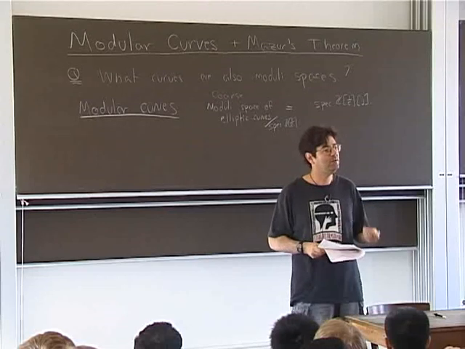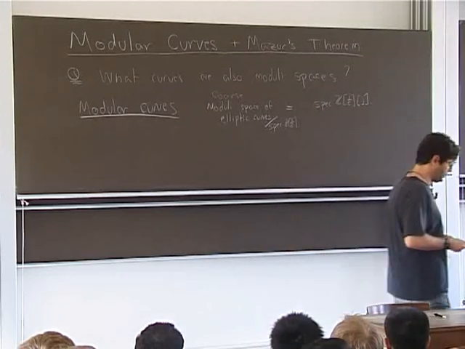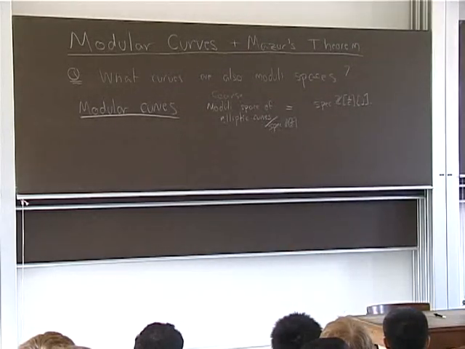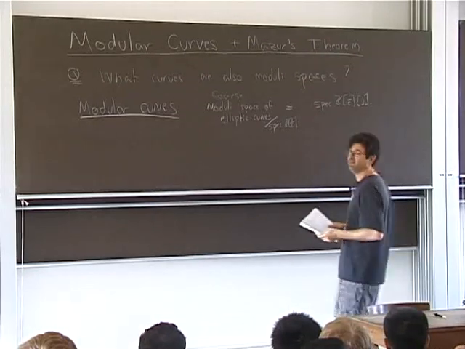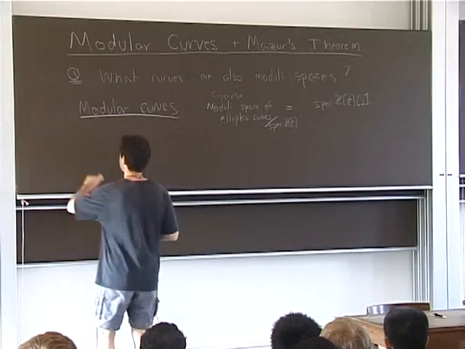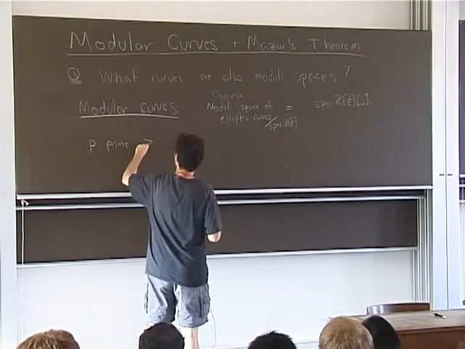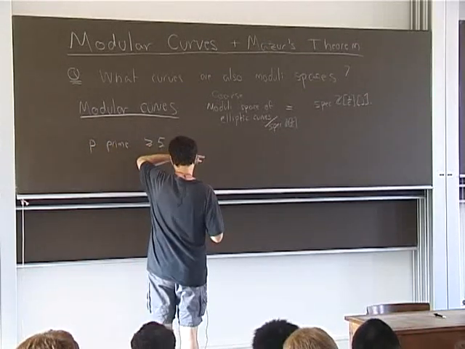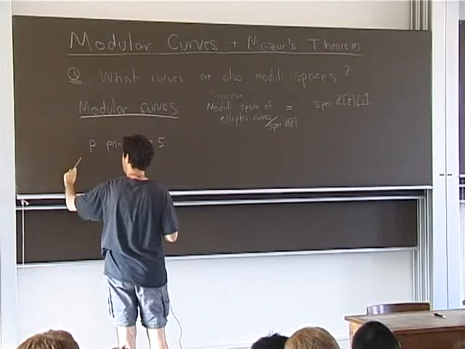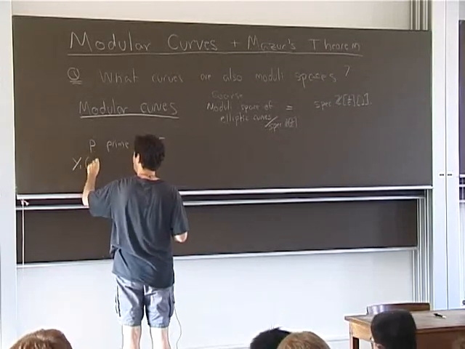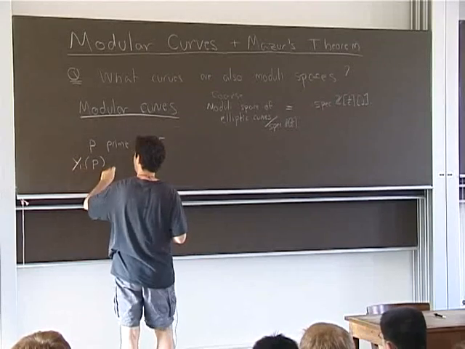So to make the question more challenging, one adjoins auxiliary level structure to get curves of higher genus. So I'm going to fix a prime p greater than or equal to 5. And I'm going to consider the curve which is usually denoted Y_1(p).